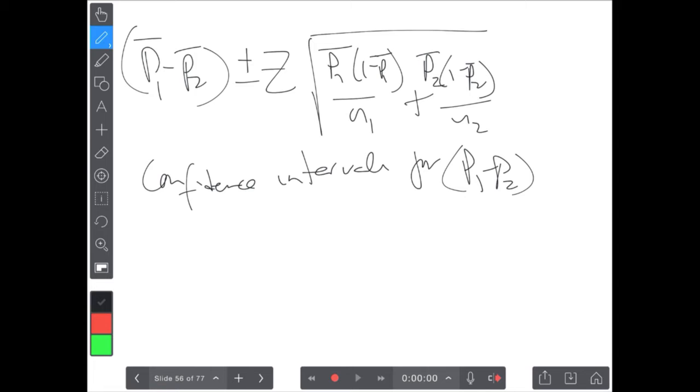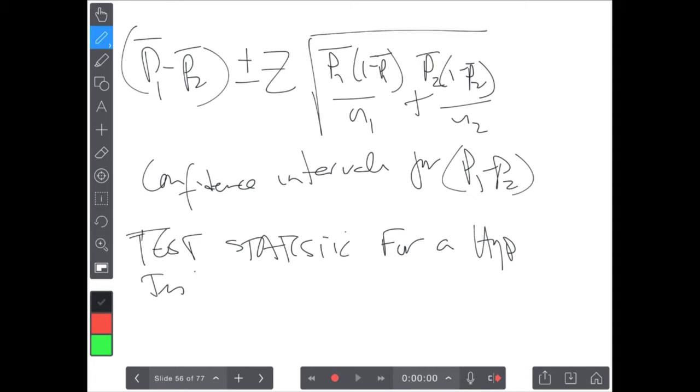That's a confidence interval. Now, if we're doing a hypothesis test, the test statistic for hypothesis tests involving H0, HA, where H0 is p1 minus p2 is greater than or equal to, less than or equal to, or equal to 0.